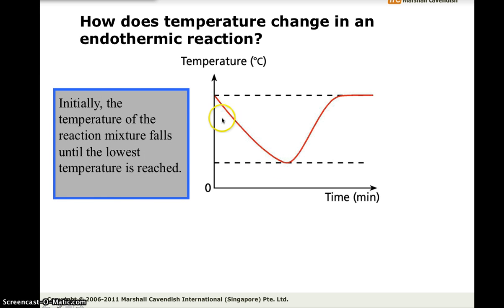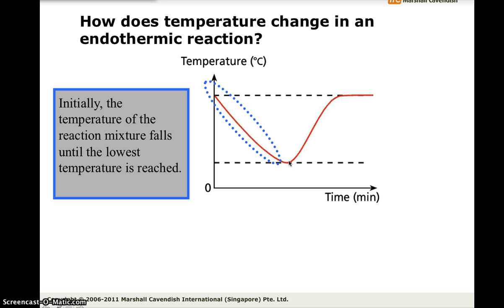The temperature drops until the lowest temperature is reached. How do we know that the reaction is completed over here? Because there is no further decrease in temperature. This is the lowest that it can go, so the reaction is completed here.